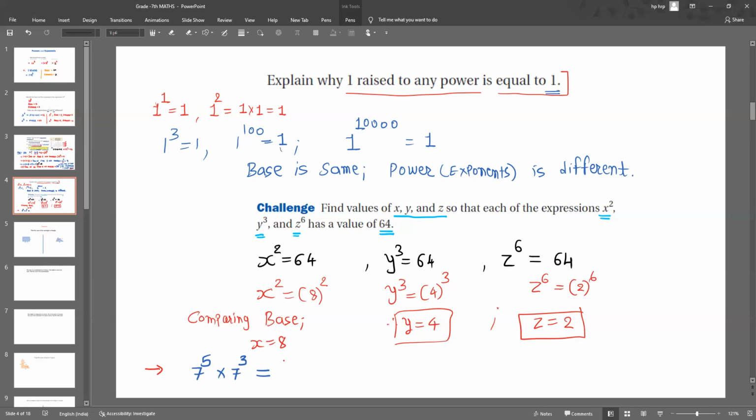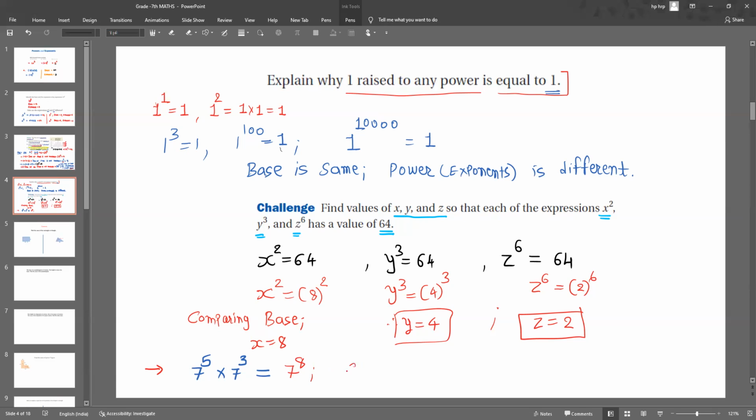Okay, no problem. So here you can see that you got the answer of this one. Yes, it would be 7 raised to the power of 8. Correct. Which law do we have to apply? Power and exponent have six different laws.